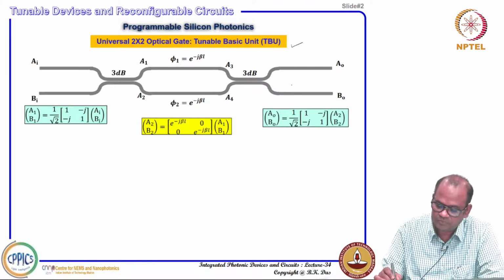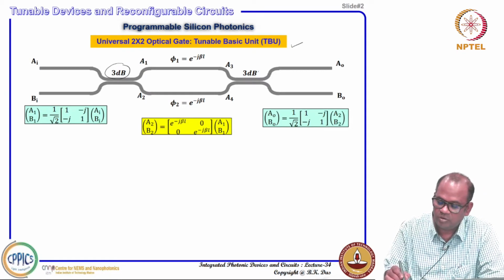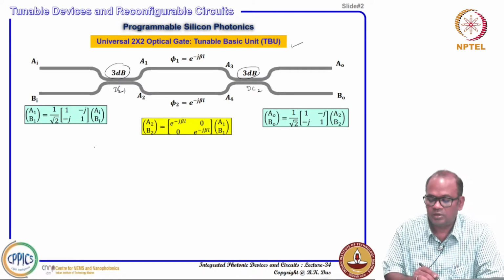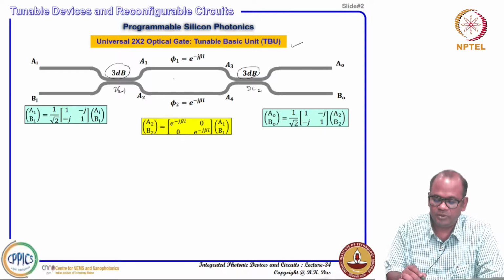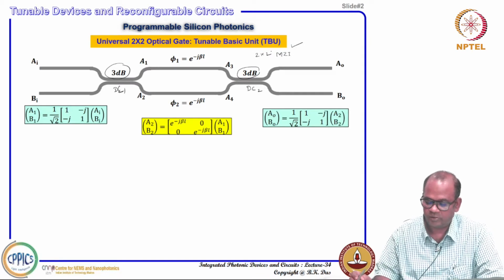You see in this structure a 3 dB power splitter, maybe a directional coupler, DC 1, DC 2, DC 1, cascaded, and it is normally called a 2x2 Mach-Zehnder interferometer.